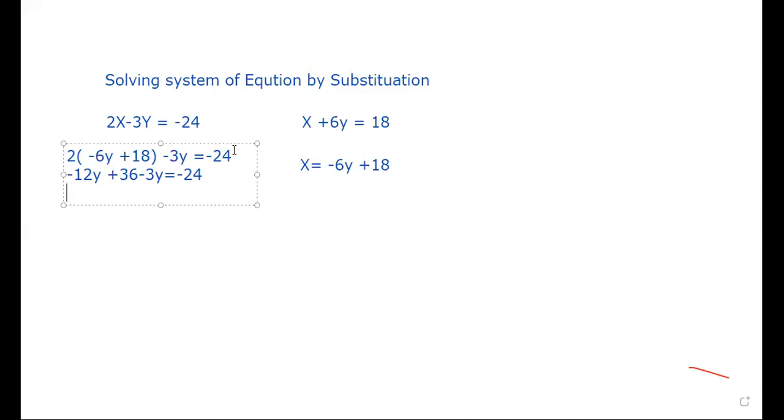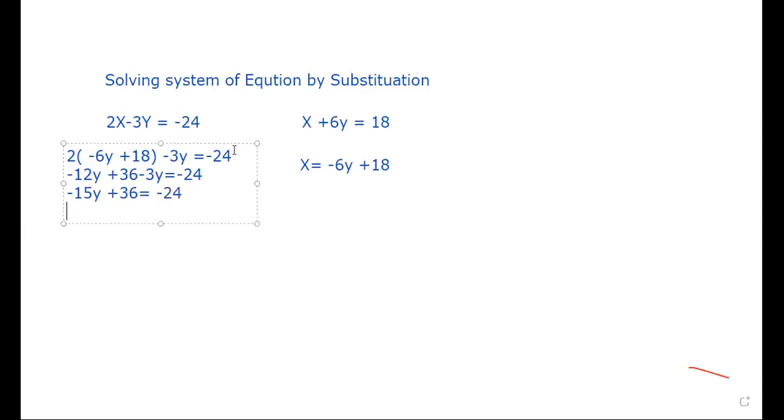So we have negative 12 and negative 3. It will be what, Malak? Negative 15y plus 36 equals negative 24.